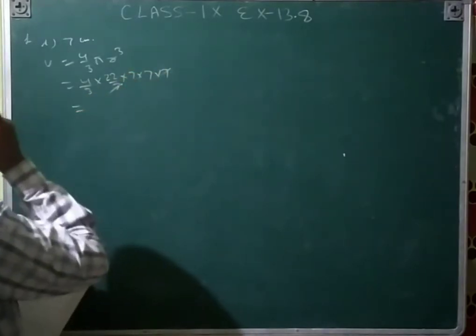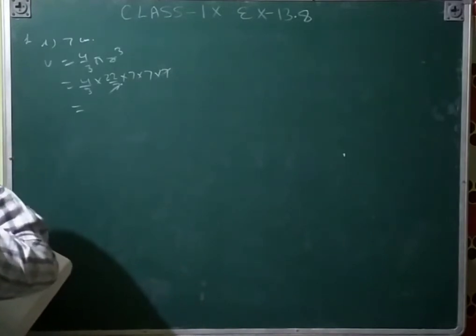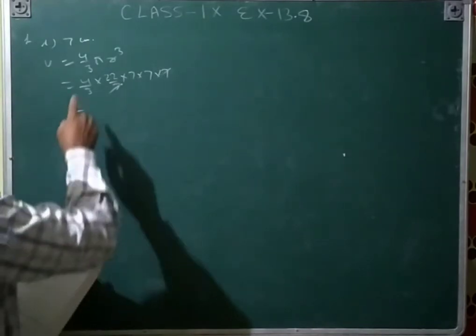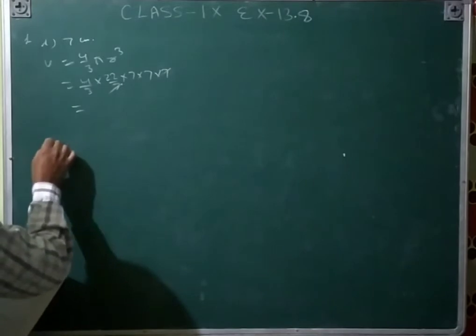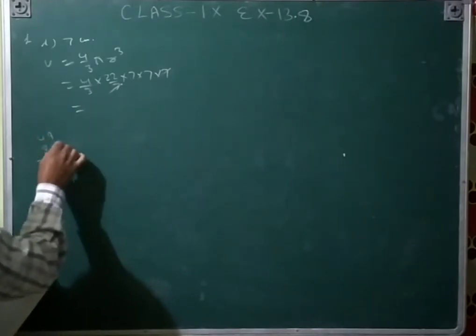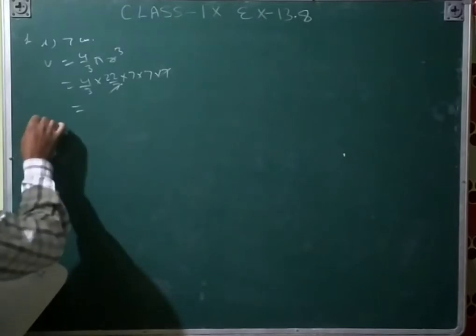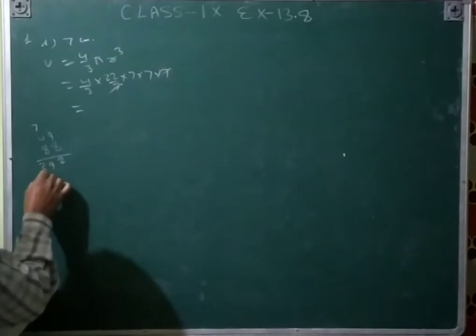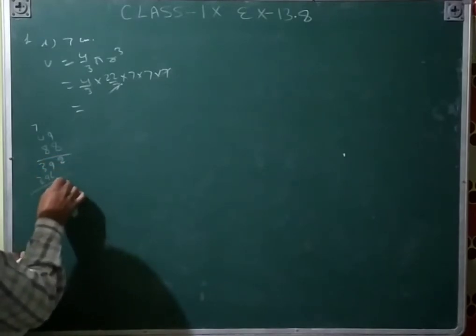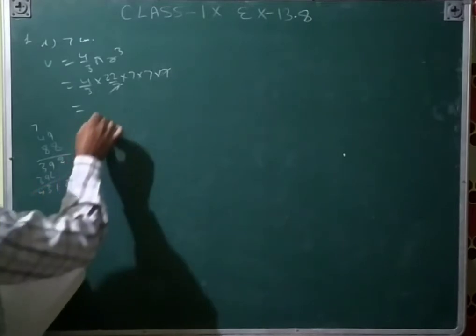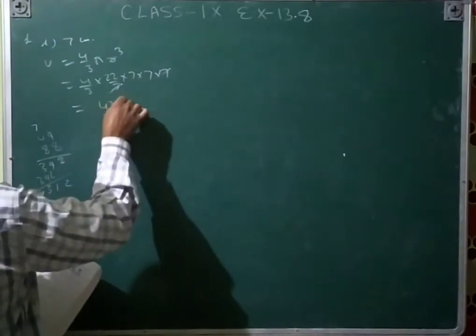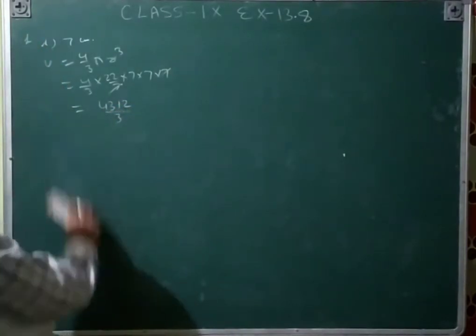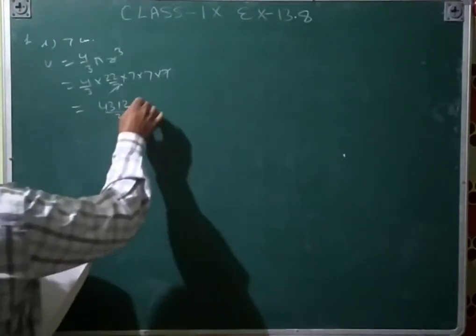Multiplying, 4312 upon 3 is the volume, in centimeter cube.